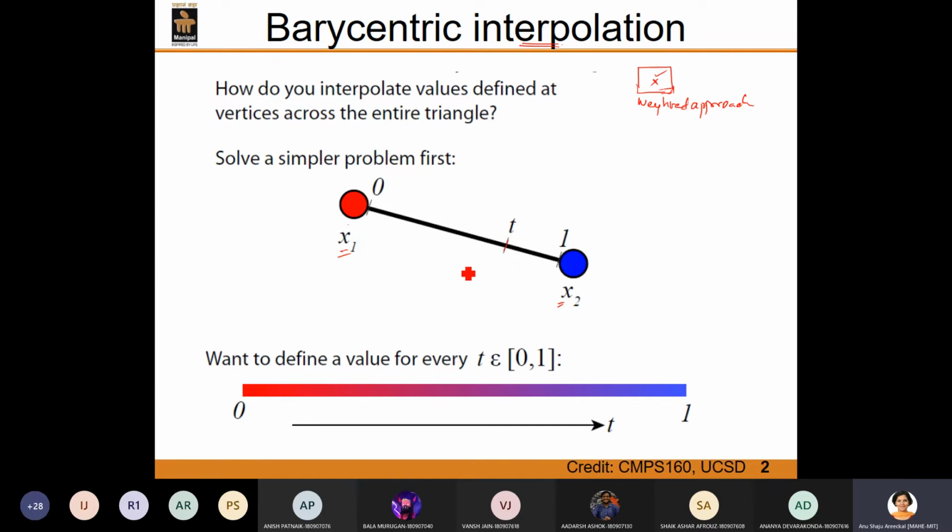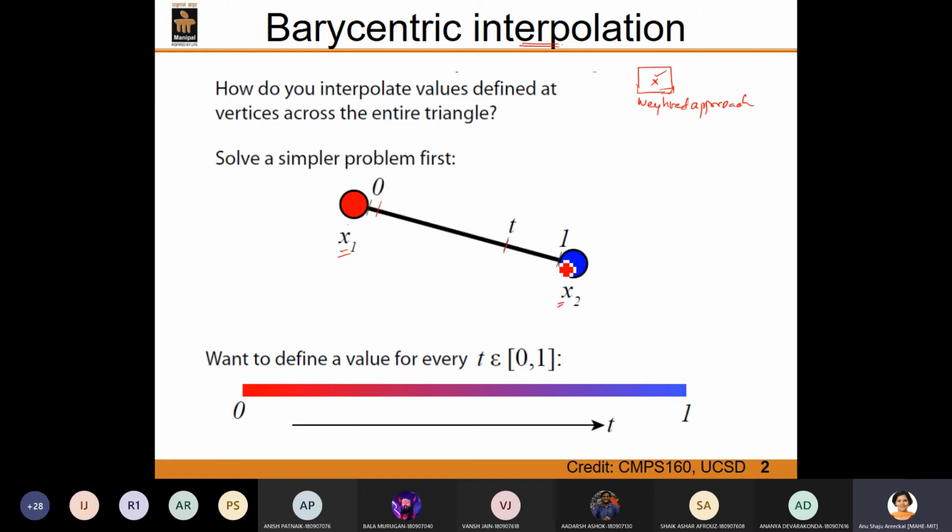If this point T is present close to x1, I can take the value as red, and if it is equal to this particular point, it becomes red.